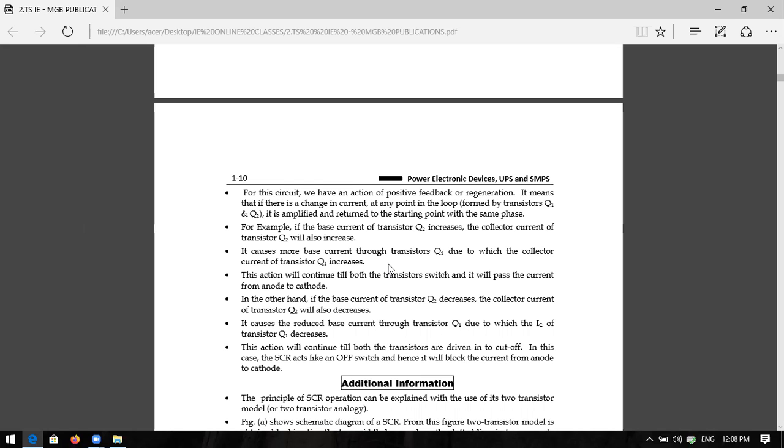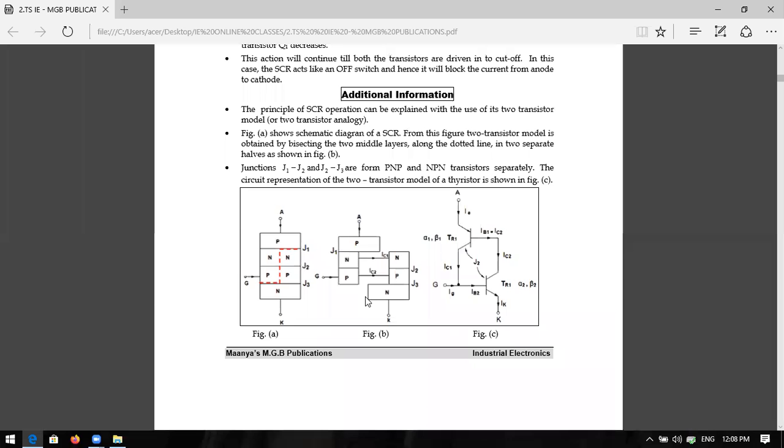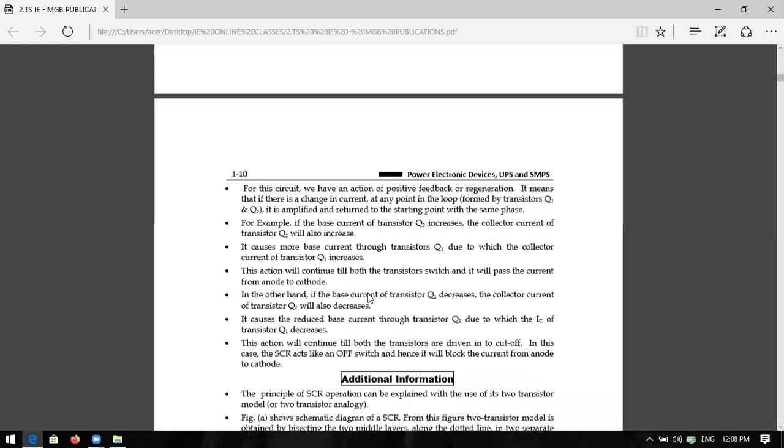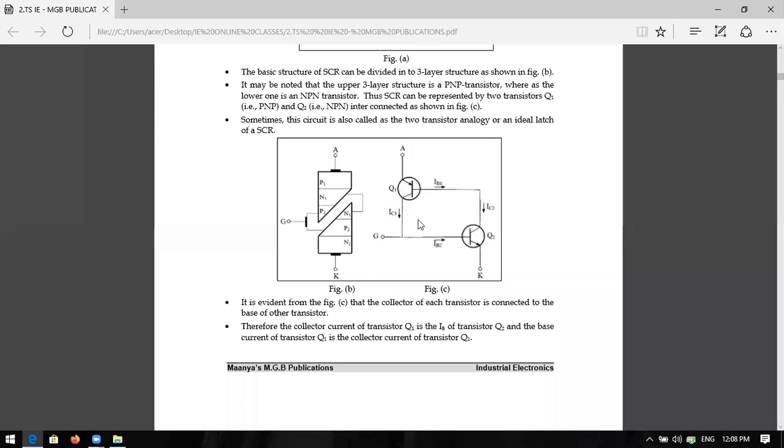For example, how to analyze this: you connect some input to the base of the second transistor, that means through the gate. What will happen? The energy is given to the second transistor, and the purpose of the transistor action is to amplify the signal.